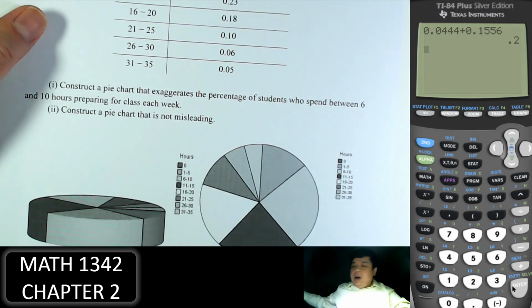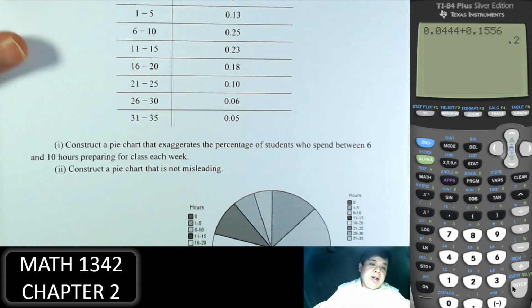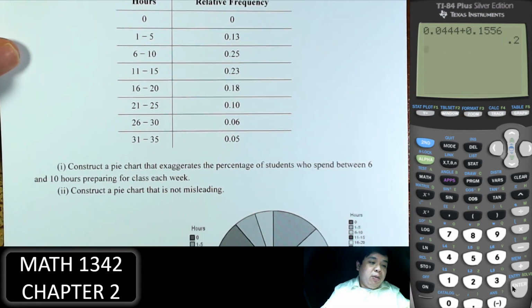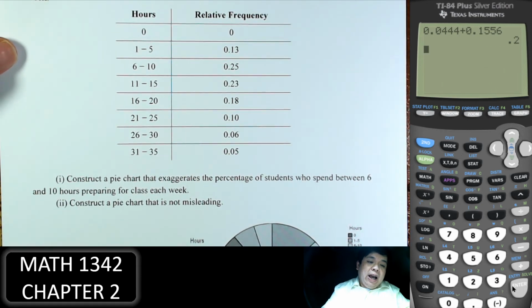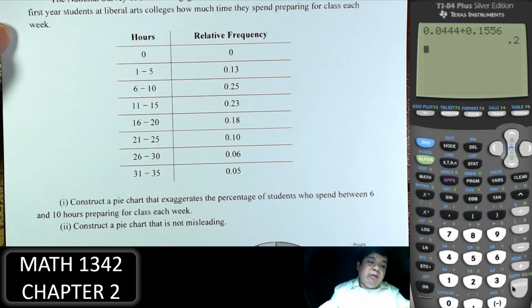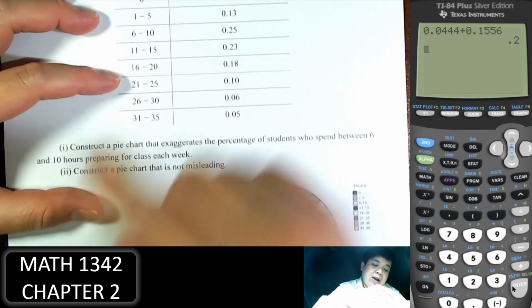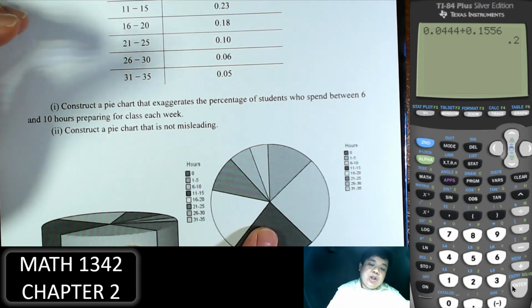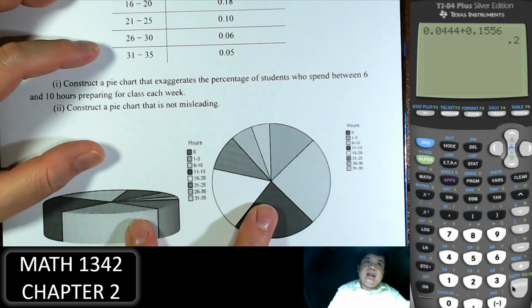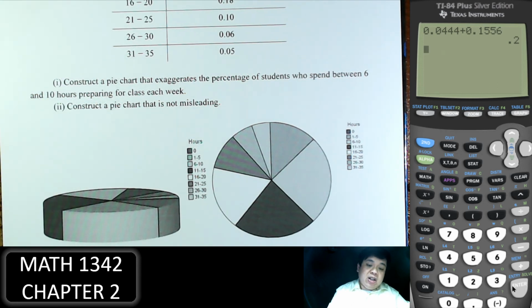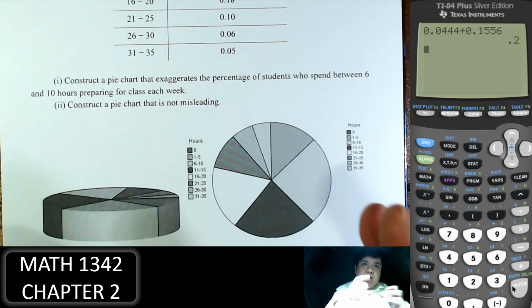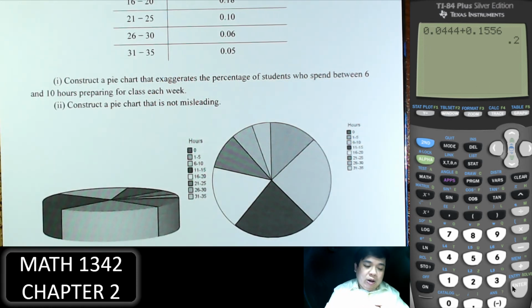Next, here's another example. Here's a survey of how much time students spend preparing for class each week. We have two bar graphs here. And the convention is that if it is a pie chart, do not use 3D because of the way it looks.